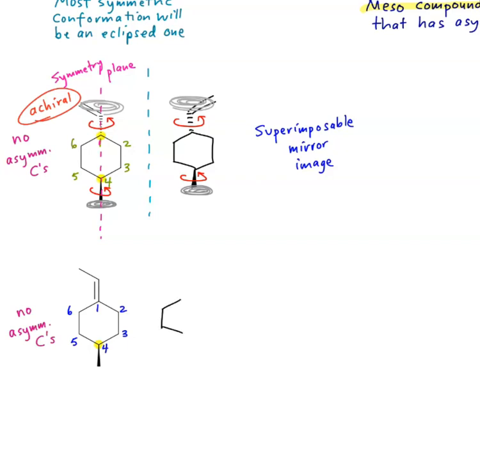Let's draw the mirror image. Okay, if you pick up the mirror image, pick it up out of the paper, move it to the left, and drop it on the original, it does not superimpose.